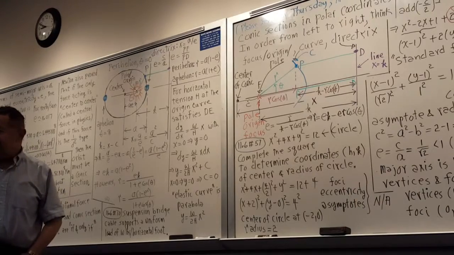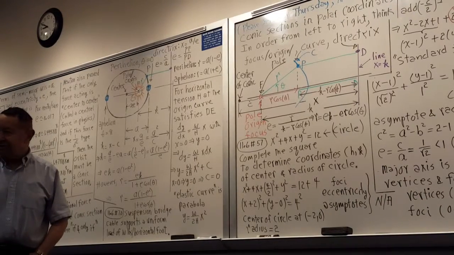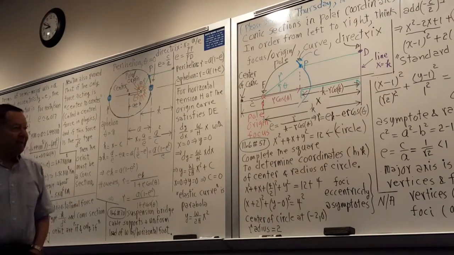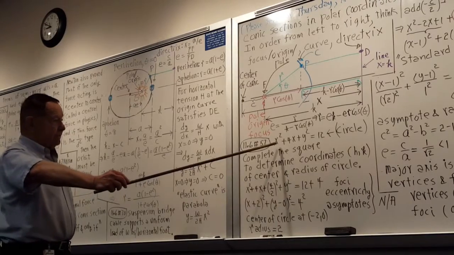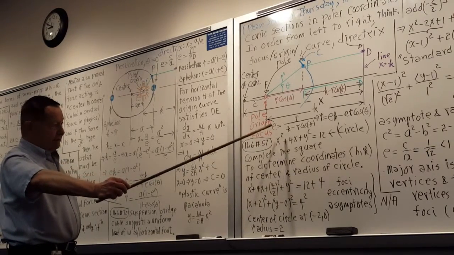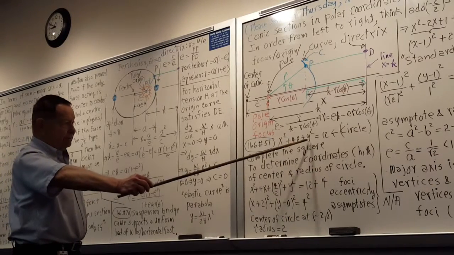We haven't talked about that sort of thing because your book doesn't go there, but it is possible to go there. And this one is in fact a circle because you have equal coefficients on the two squared terms.